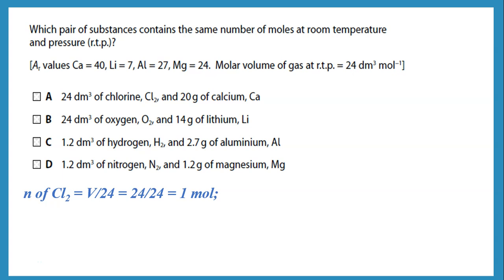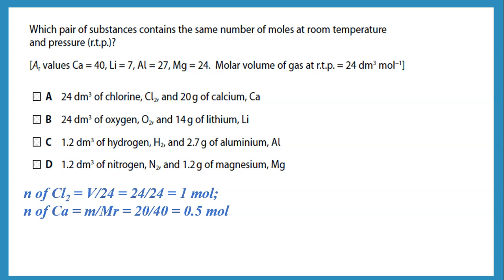What about 20 grams of calcium? How do I get the number of moles of that? We said number of moles can be mass over molecular mass. So the mass given over the MR of calcium, or the mass number of calcium, gives this number of moles. And in this choice, both of them are different. We're looking for where both of them are the same.